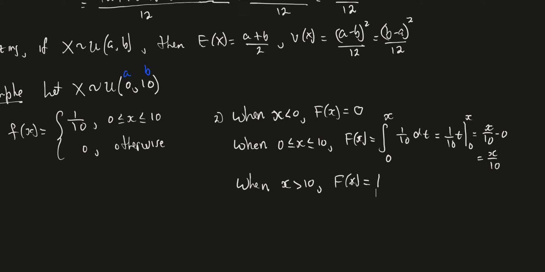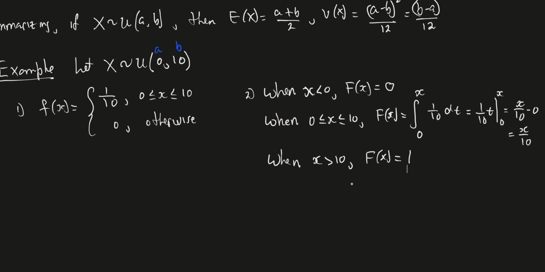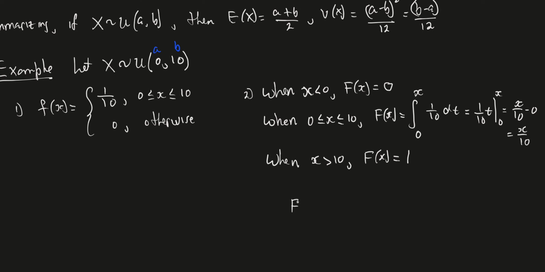So putting it all together now, here is the CDF for this uniform distribution. So it's 0 whenever x is less than 0. It's x over 10 whenever x is between 0 and 10. And then it's 1 whenever x is greater than 10.